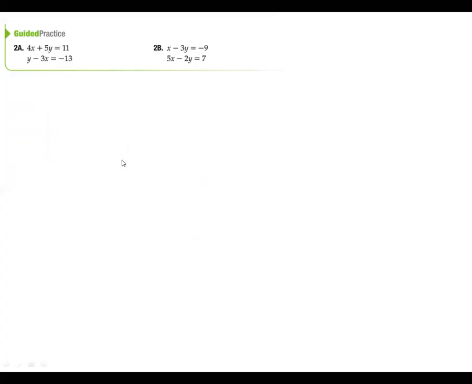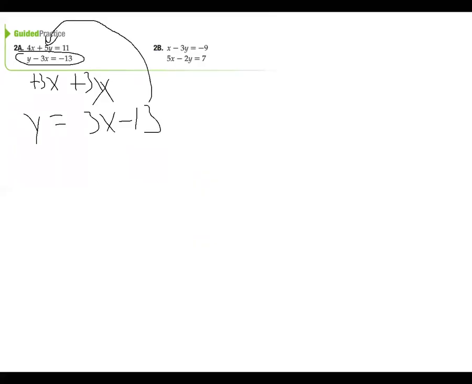So the first system, the second equation has a coefficient of 1 in front of the y. So I would add 3x to both sides for that one and get y equals 3x minus 13. And then I'm going to plug that in for y in the first equation. So 4x plus 5 times 3x minus 13 equals 11.